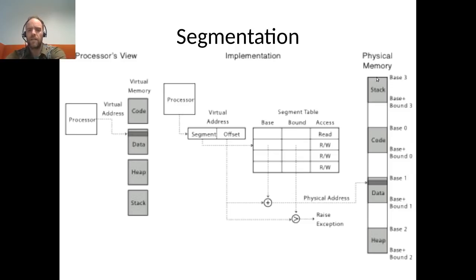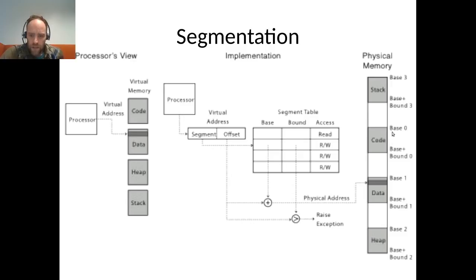In physical memory, then we can see that these are our memory segments visible to the process. So we have our read write or read only that would correspond to this. We have a read write data, heap and stack are also read write. So those would be mapped in. They can actually be anywhere in physical memory.